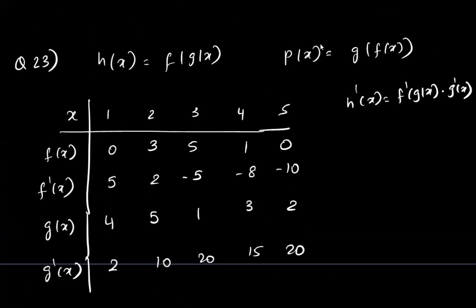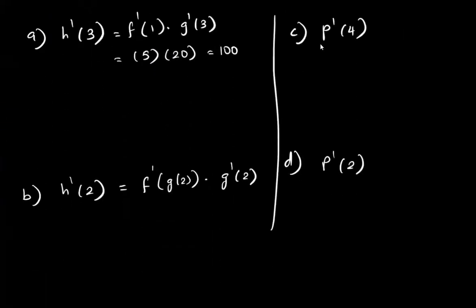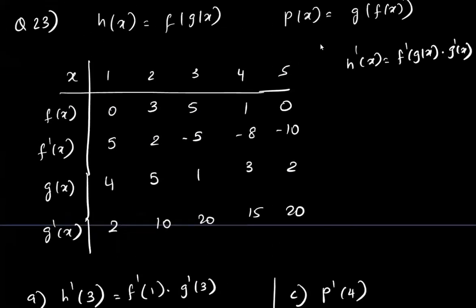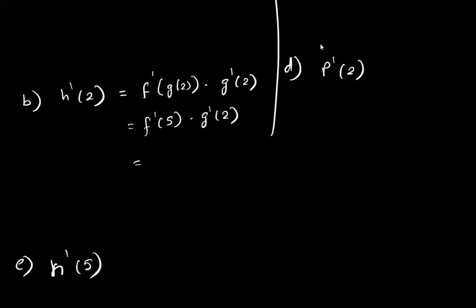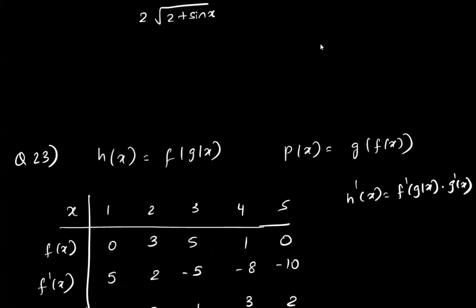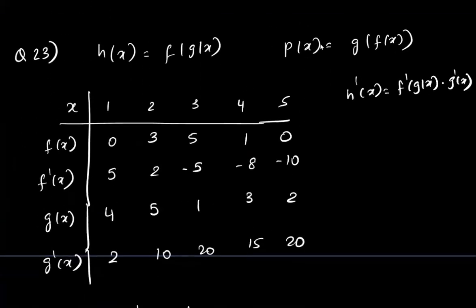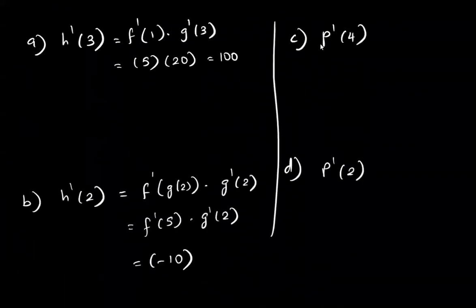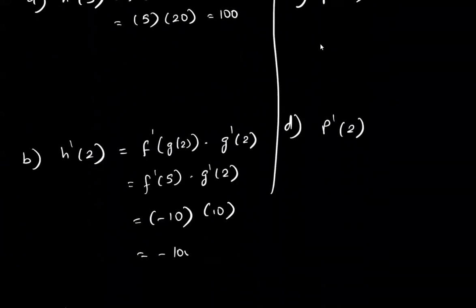Evaluate that first. G of 2 is 5. So I have to do F prime at 5 and G prime at 2. What is F prime at 5? F prime at 5 is -10. G prime at 2 is 10. So again, I have negative 100.